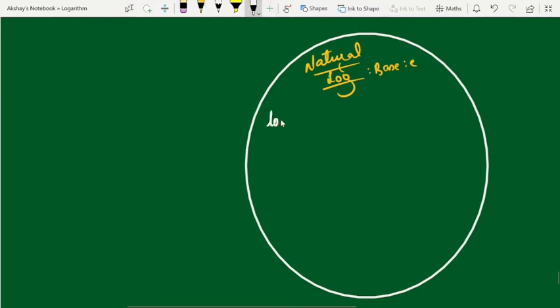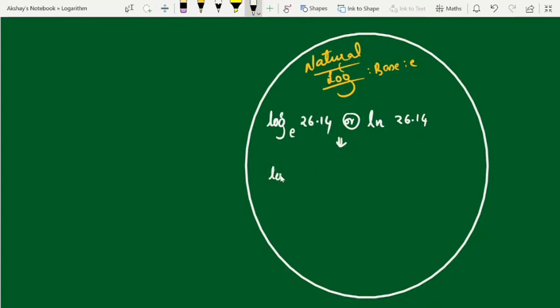Either they may ask you log to base e of 26.14, where they will specifically mention e, or it may be asked in this manner: LN, natural log of 26.14.